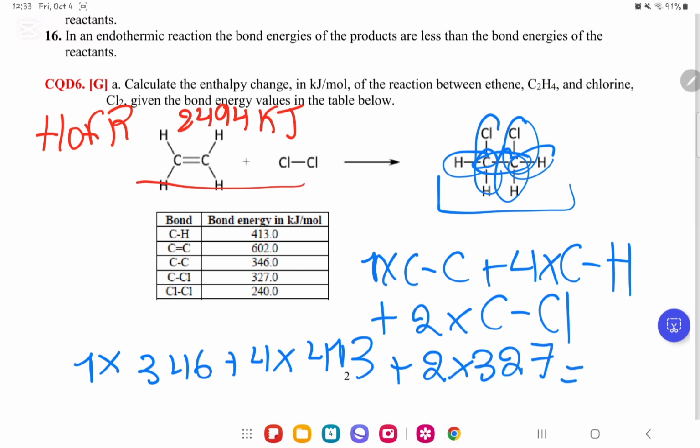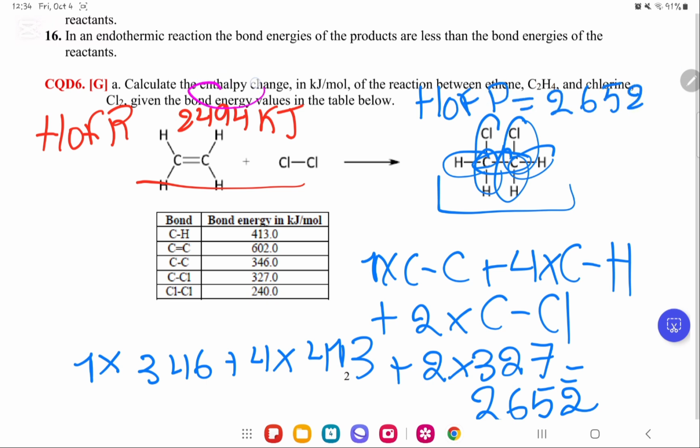So on the calculator, it is going to be 2652. So now we have the heat of products, which is 2652.